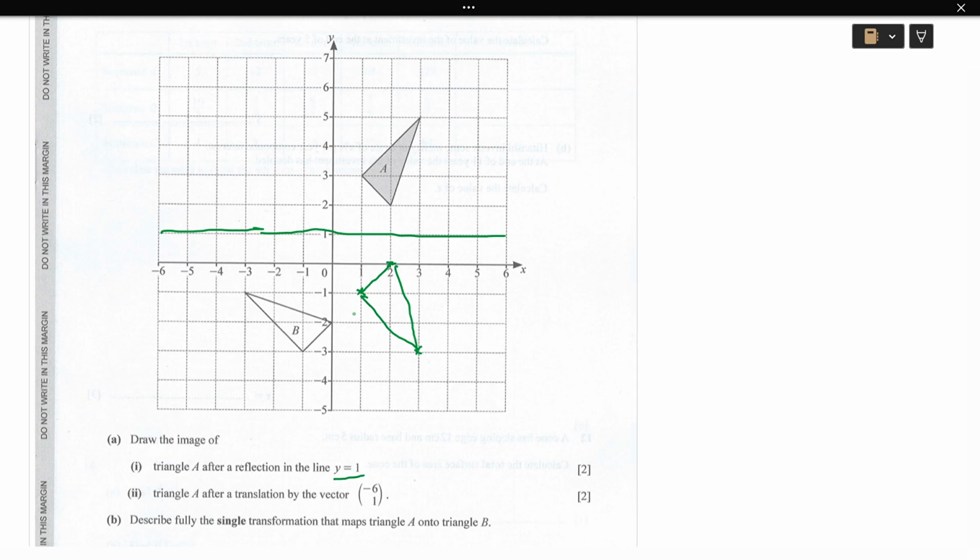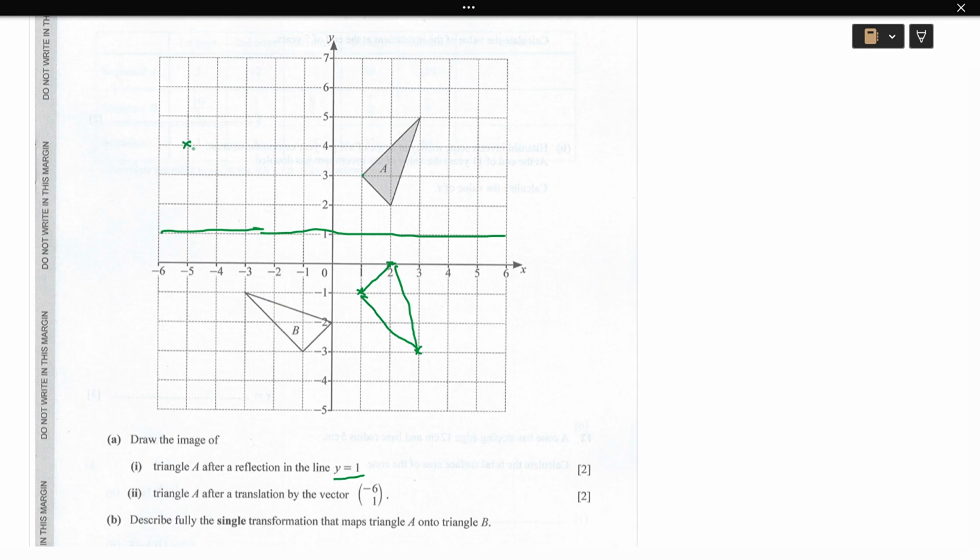Next, triangle A after translation. So this translation is happening: 6 units left and 1 unit up for all the points. Let's go for the first point. When we go 6 units left, 1 2 3 4 5 6, and 1 up, which gives negative 5 comma 4.